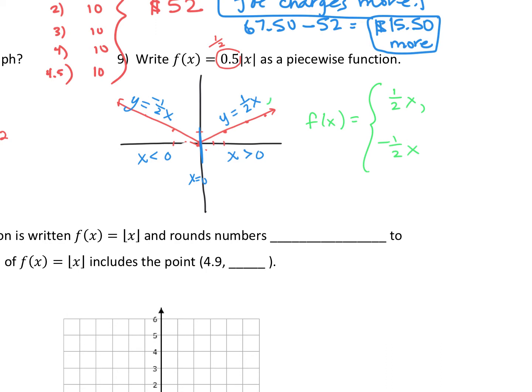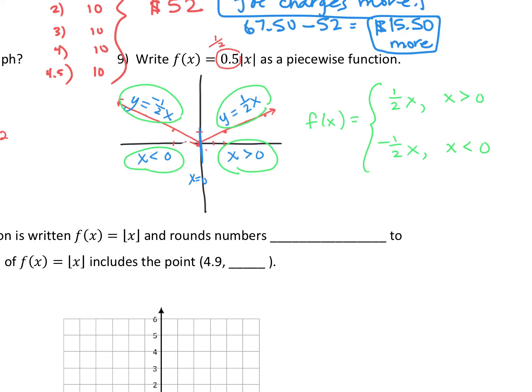So when we have y equals 1/2 x, which piece did we keep? This piece right here, for all the x's that are greater than 0. When we have y equals negative 1/2 x, that's not the whole line, it's just a piece. So which piece of the line did we keep? Just this piece, where all the x's are less than 0. So now it's looking like a piecewise function.